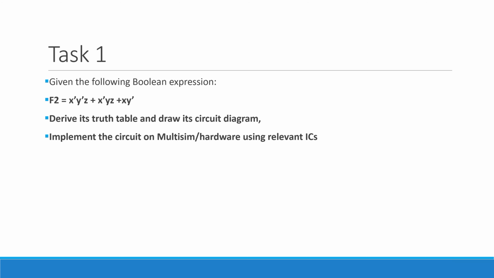So what is your first task? Your first task is that I have presented here a Boolean expression, which is F2 = X complement Y complement Z plus X complement Y complement Z plus X dot Y complement.